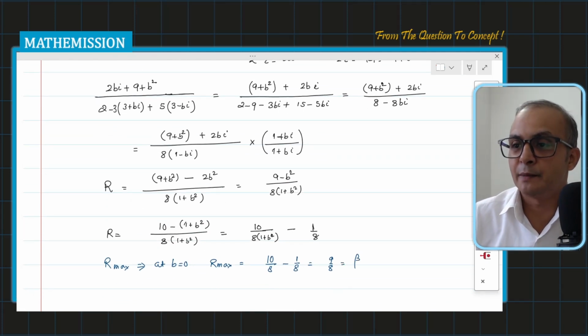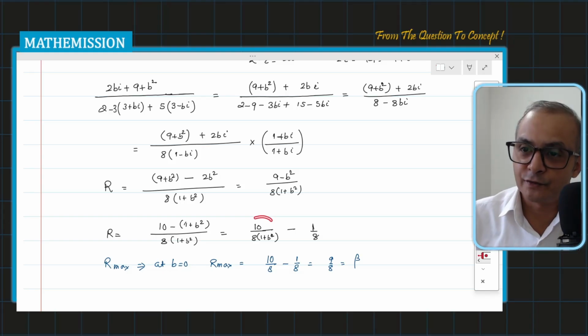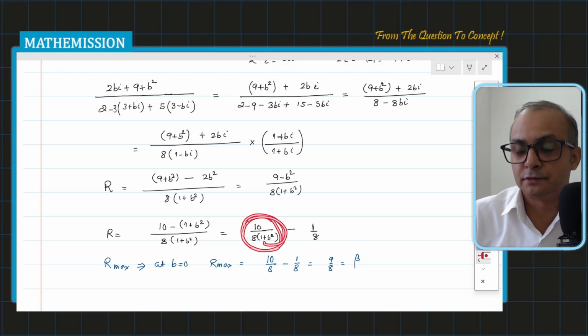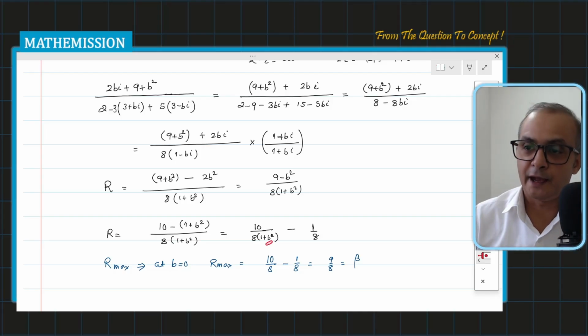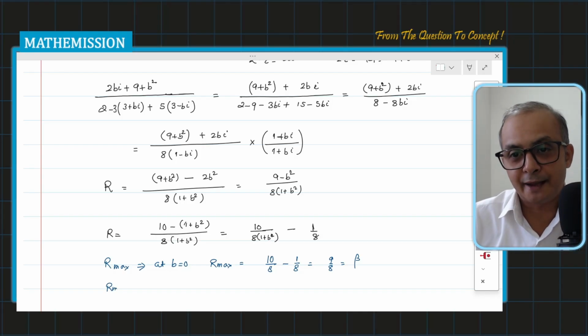And for R min, this will be minimum when this becomes very low, so this b square should be very high, and the highest value of b square is infinity. So R min will happen when b tends to infinity.